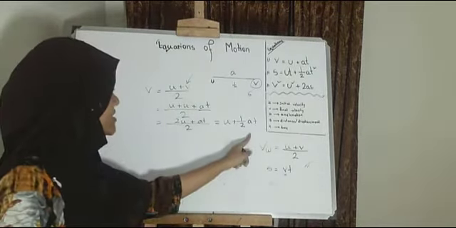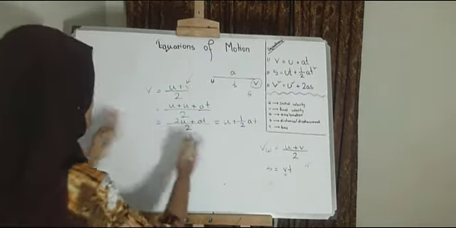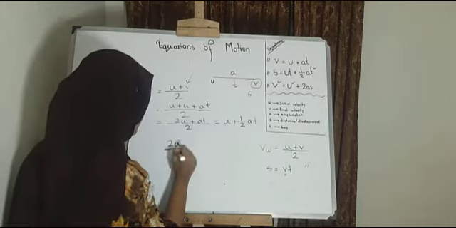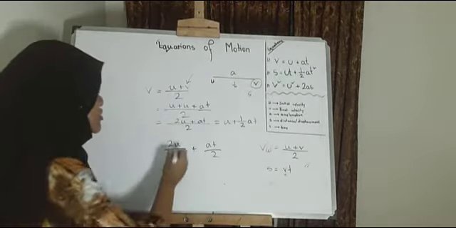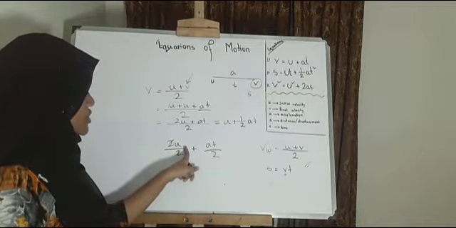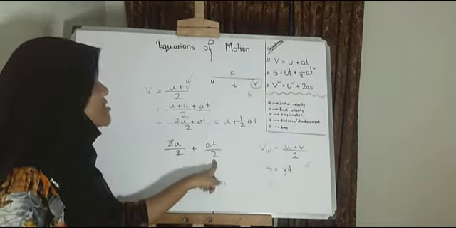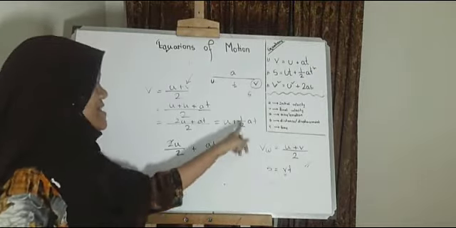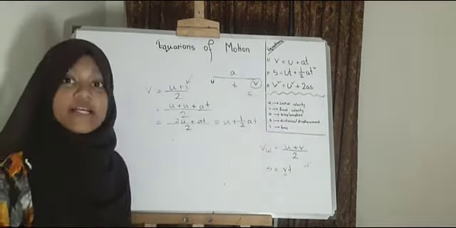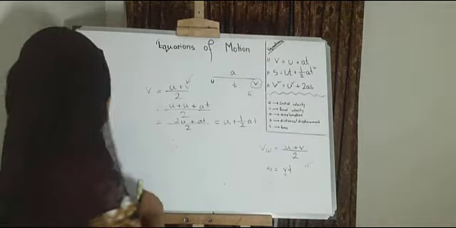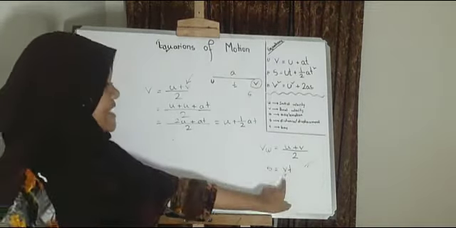Have you understood this? We are separating 2u here and at divided by 2 here. So the 2 cancels, and u plus at divided by 2, which we can also write as half at, right? Okay, great.